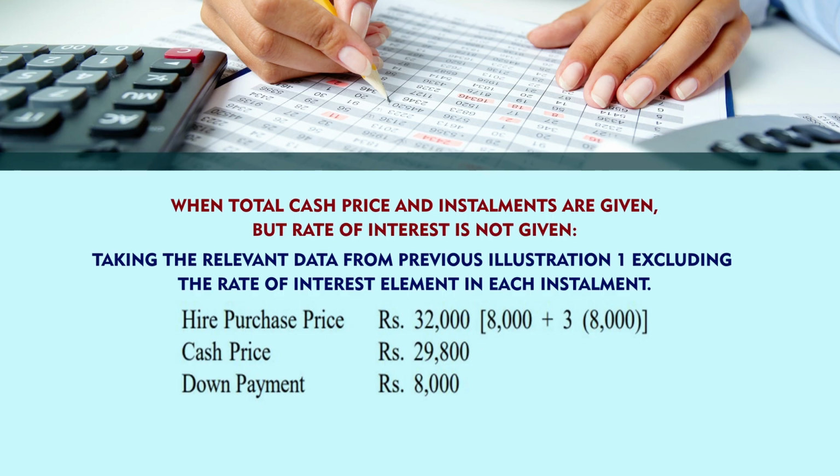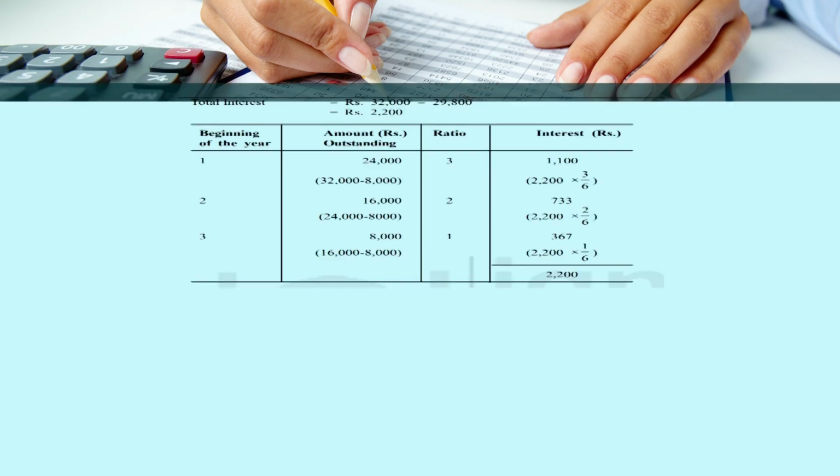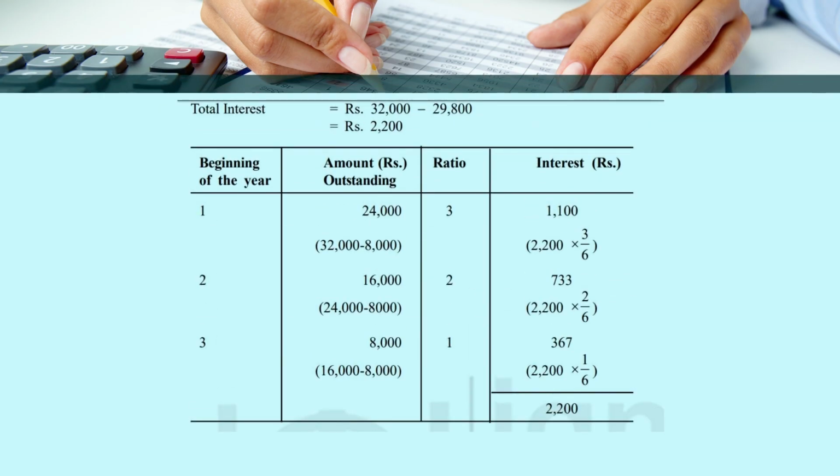If we subtract the cash price from the hire purchase price, we can easily calculate the total amount of interest included in the hire purchase price. Here the hire purchase price was rupees 32,000 and the cash price was rupees 29,800. So, rupees 2,200 is the total amount of interest included in the hire purchase price.